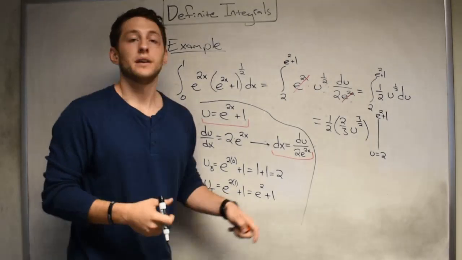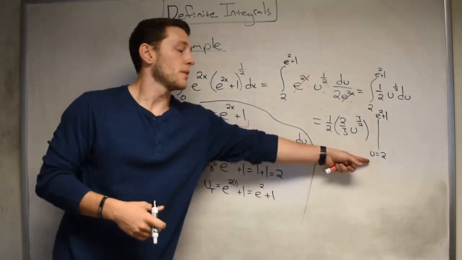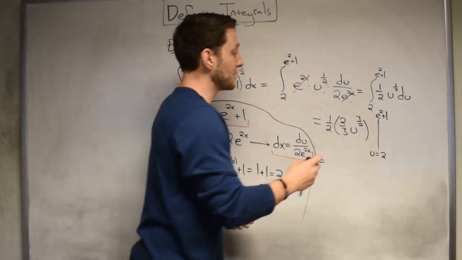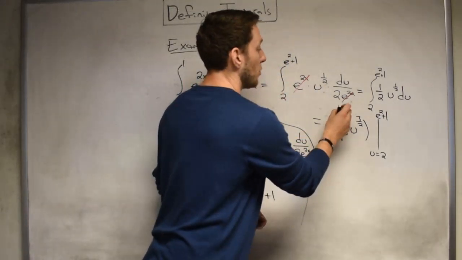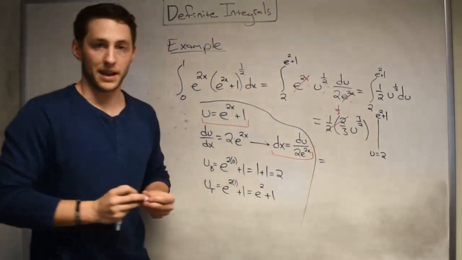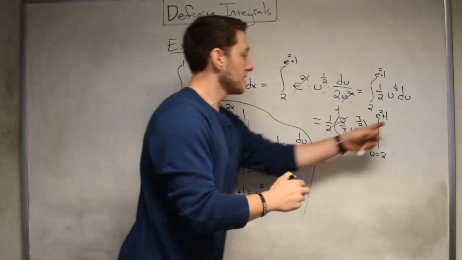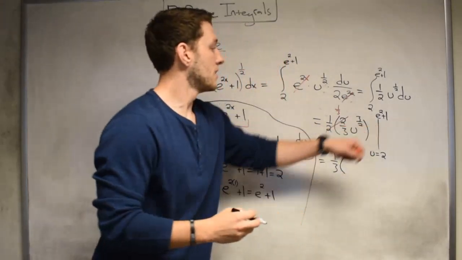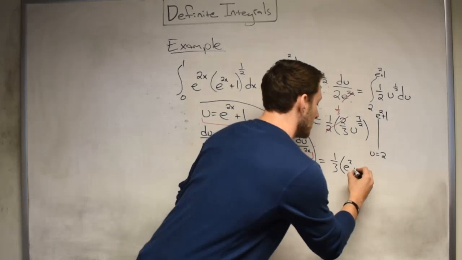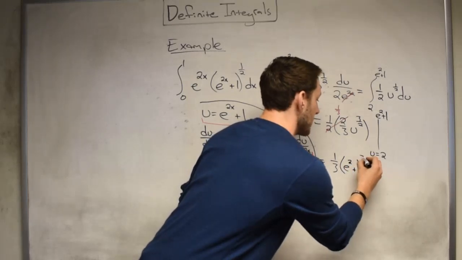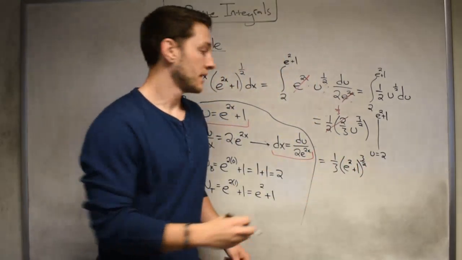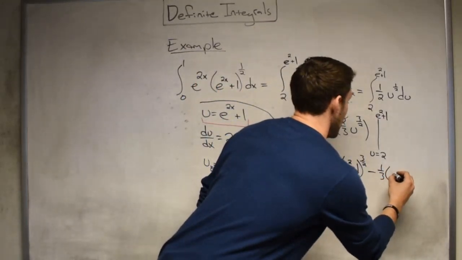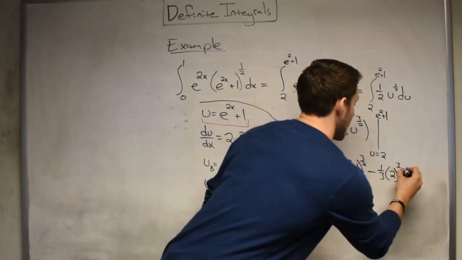Now all we have to do is plug in for u, since these were already in terms of u. This gives me ultimately, upon realizing that this just cancels to be 1/3, the 2's cancel out nicely, that all I just have is 1/3 times e squared plus 1 to the 3/2, so I plugged in for u, minus 1/3 times 2 to the 3/2 power.